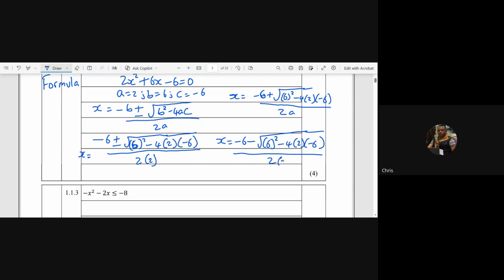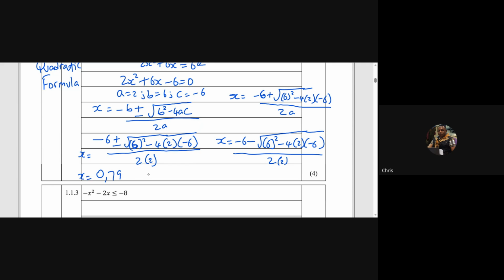Then you now use your calculator to pick them. If you can't do them this way, I suggest you take them step by step. So if you punch in your calculator what you have, let me start with the one for positive, which is negative 6 plus. Then you're going to get 0.79 for the first one.